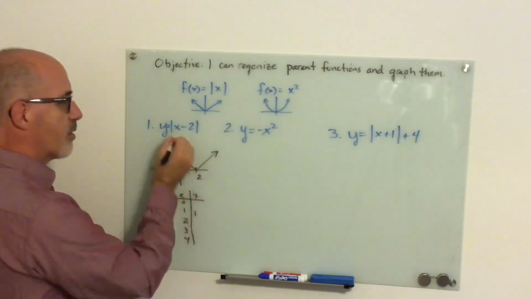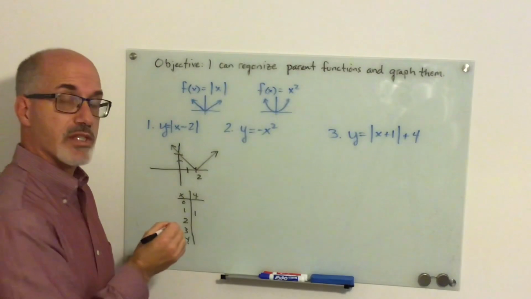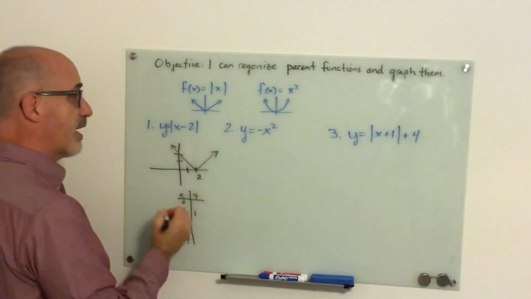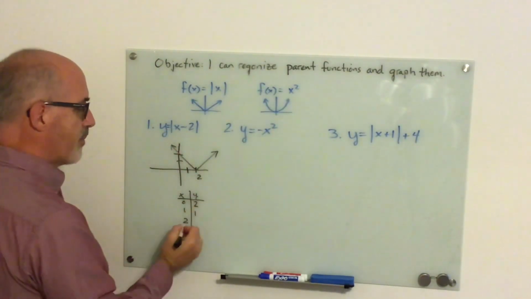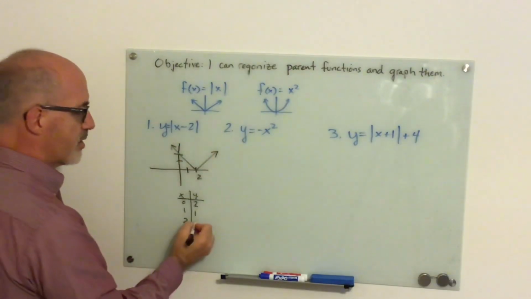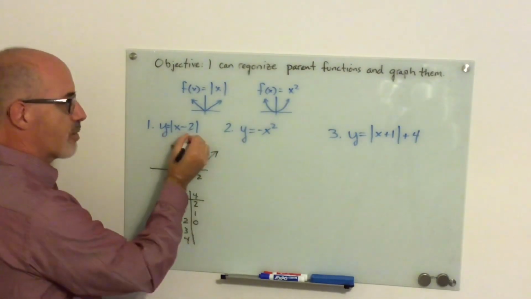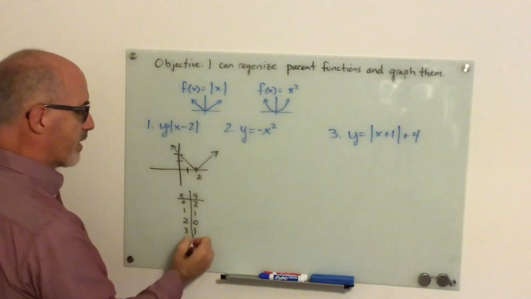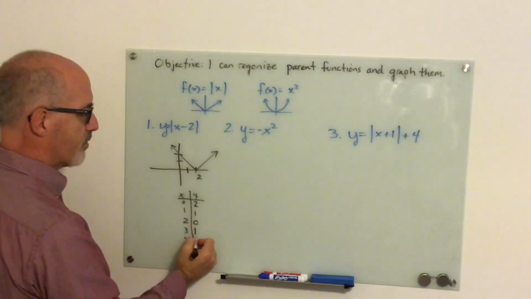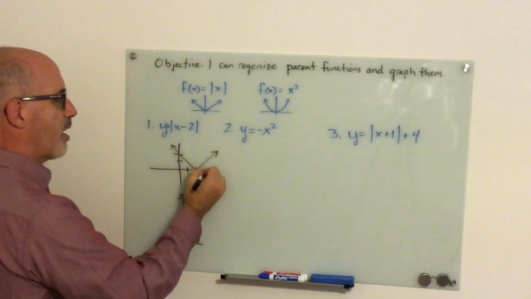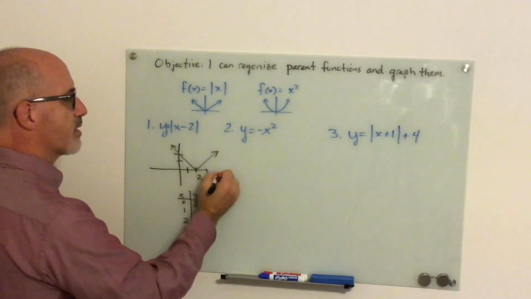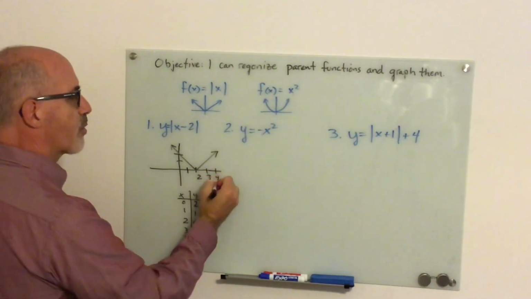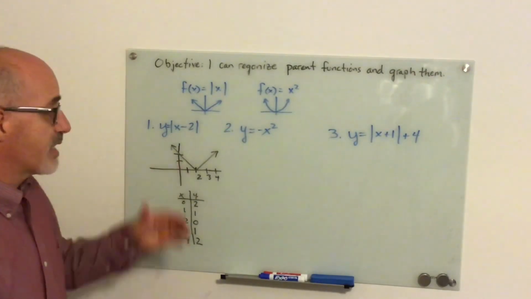If I put in 0, 0 minus 2 is -2, absolute value is +2. Put in 2, 2 minus 2 is 0. 3, 3 minus 2 is 1, its absolute value is 1. Put in 4, 4 minus 2 is 2, absolute value is 2. And then you plot all those points. So that would give you the graph in terms of a table.